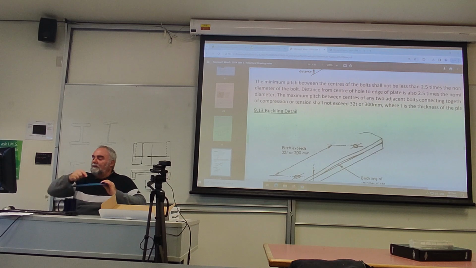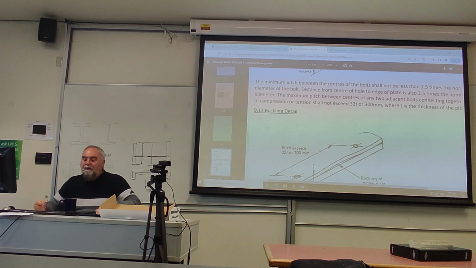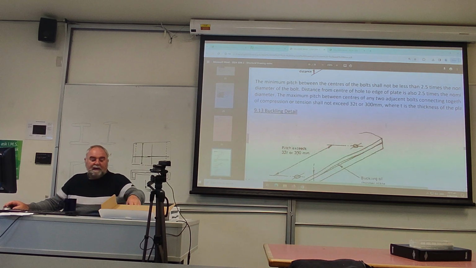Now when you work out where your holes go on your plate, you're going to have to bear in mind those things there. Now remember, the plate goes onto the column. That has got nothing to do with the holes.